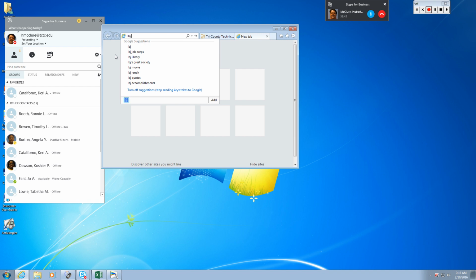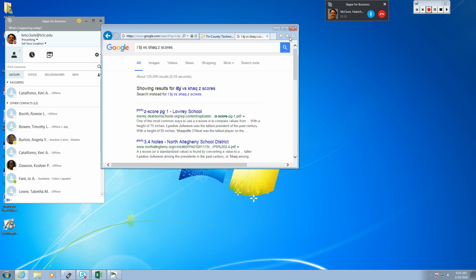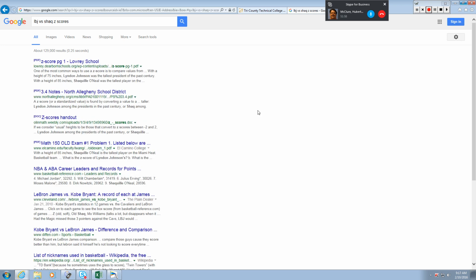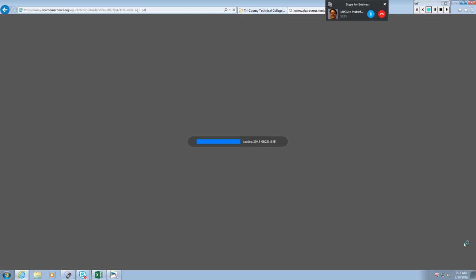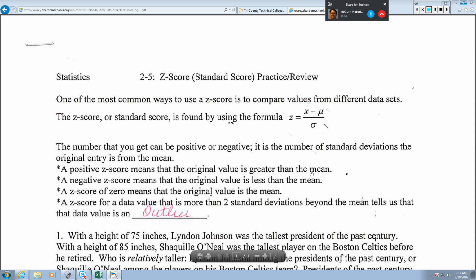LBJ versus Shaq z-scores. It's easier for me to Google it, because if I try to go find it in the book that it had it in, it was like 5 editions ago. LBJ versus Shaq z-scores. Let's see if this is it. Yep.